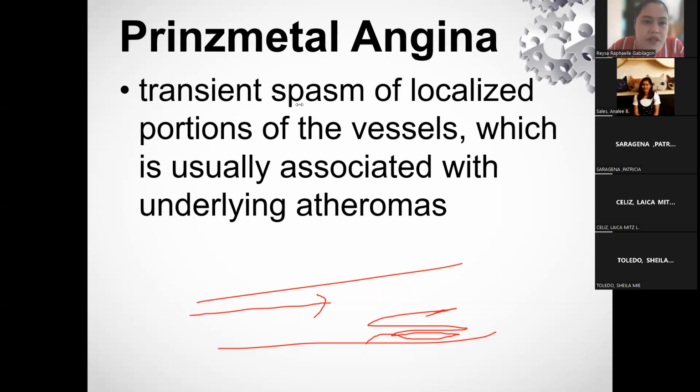Thus, the patient will still experience chest pain. Kasi makukulangan din yung blood supply in the heart. Okay? So, pag nag-spasm, class, di ba pag example, sumasakit yung tiyan mo, the patient experiences spasm sa kanyang gastrointestinal tract.